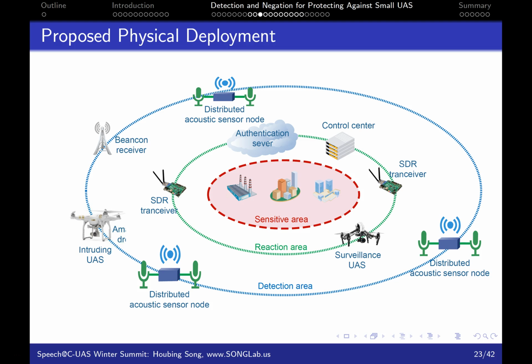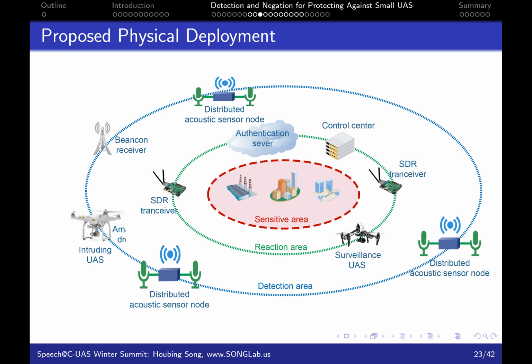The outermost circle is a detection area. When the UAS approaches the detection area, we should detect the approaching UAS. After the detection, we will take action to avoid the UAS entering the sensitive area. So here you can see the physical deployment.